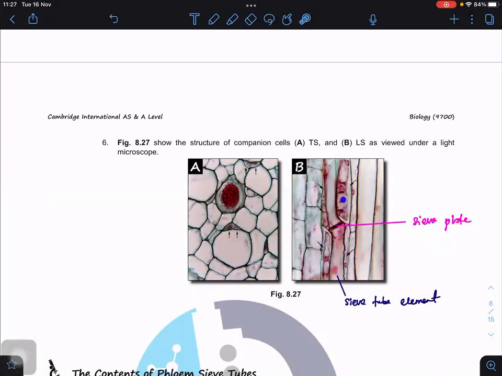I'm sorry, these are the companion cells.